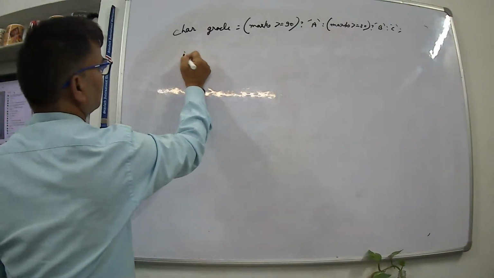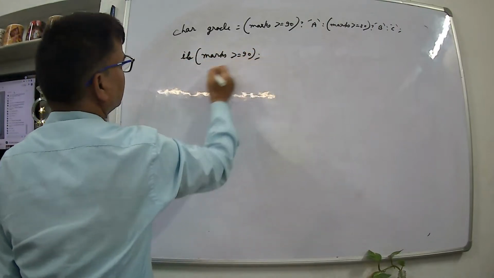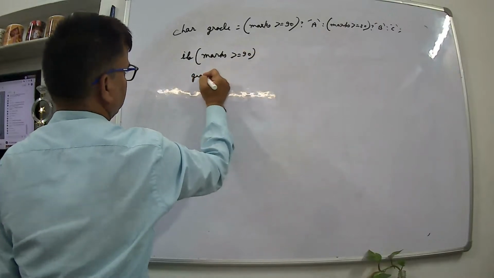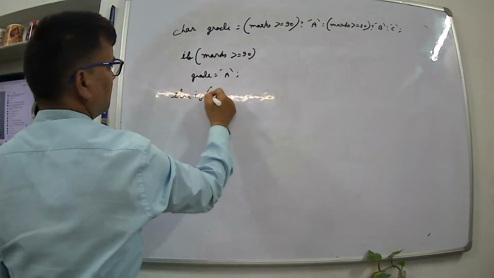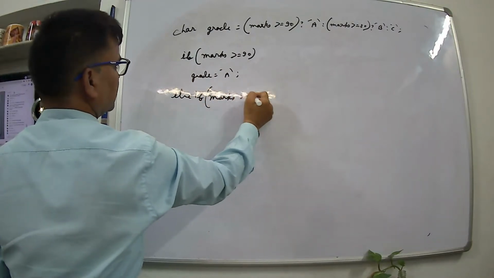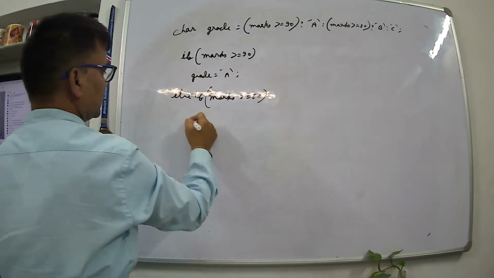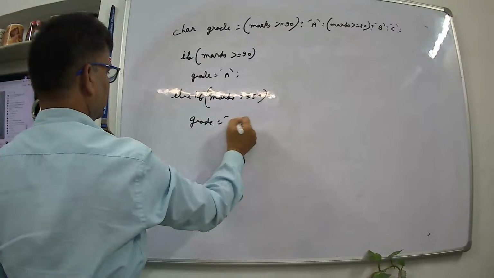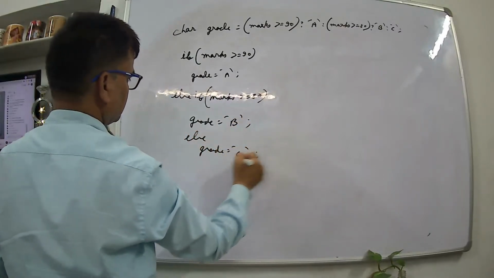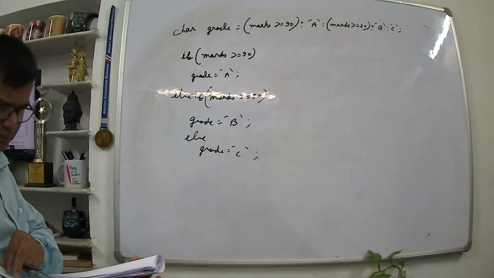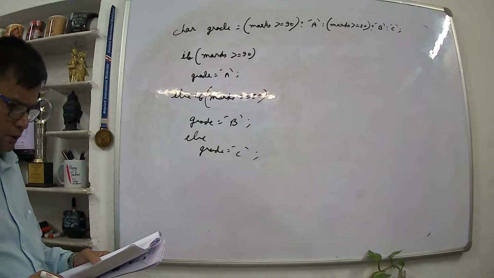So if marks is greater than equal to 90, then grade is equal to A. Else if marks greater than equal to 80, then grade is equal to B, else grade is equal to C. Right? So this way you can convert if else to ternary, ternary to if else, like that. Okay.